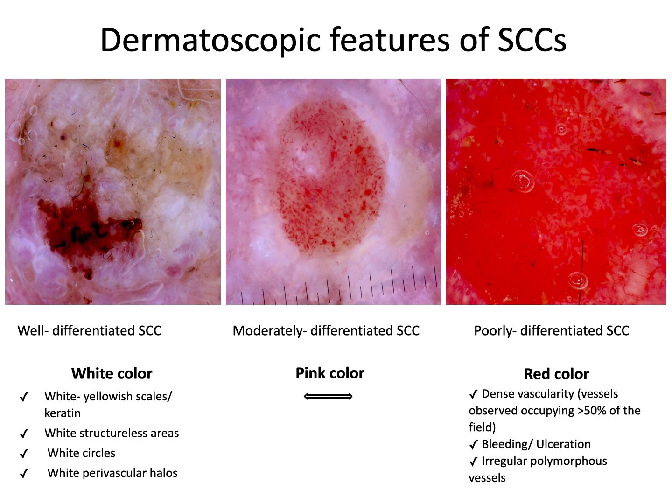White color may be seen either as white or yellow scales and masses of keratin, or white structureless areas, or white circles, or white perivascular halos, or as a combination of all these. The colors become more pinkish in moderately differentiated SCCs, while in poorly differentiated ones, as keratinization decreases, we mainly see red color as a result of dense vascularity along with ulceration or bleeding and polymorphous vessels.